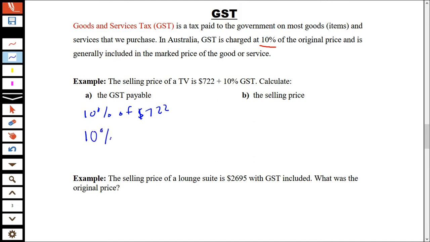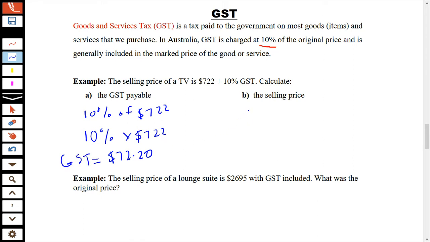You're going to press Shift, and the percent button is just above the brackets key in the middle of the calculator. Multiplied by 722, and that should give you $72.20.